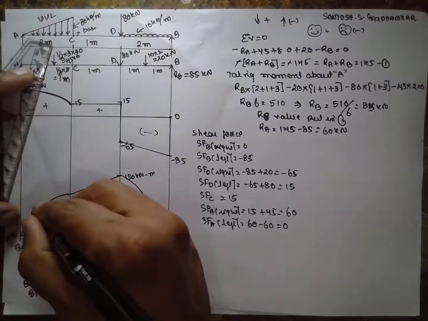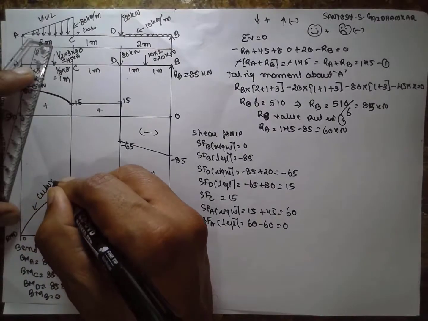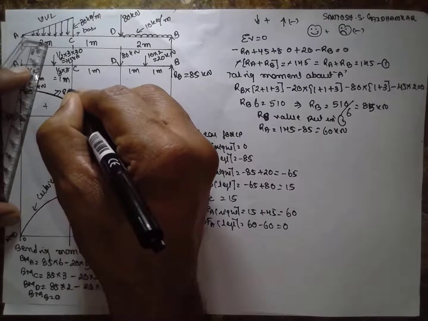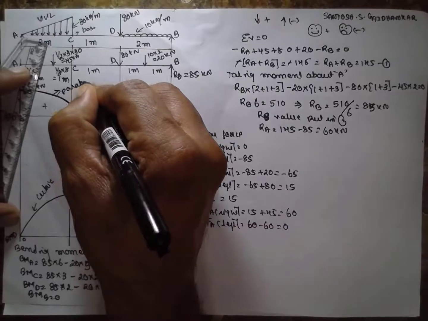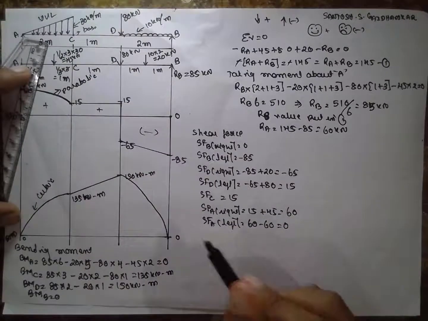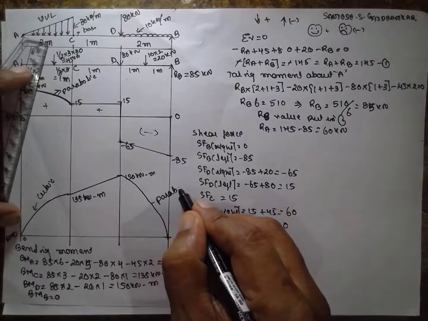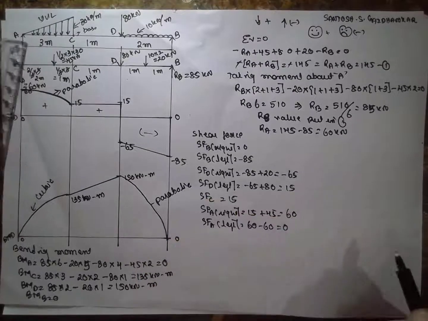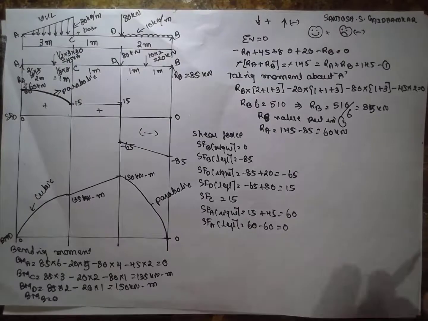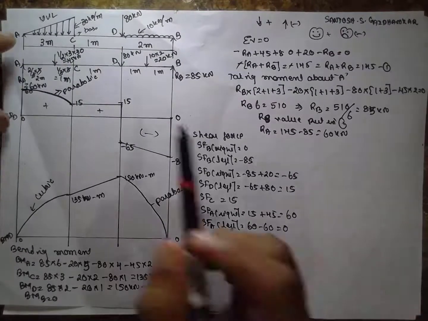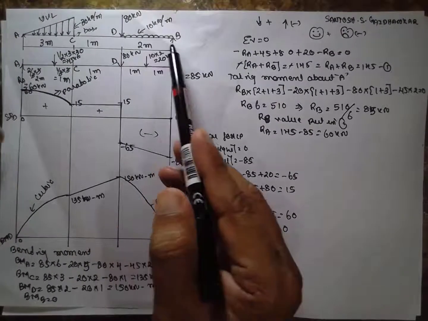This is cubic, this is parabolic. In this way you have to solve the problem when UVL and UDL come in the picture with a simply supported beam.